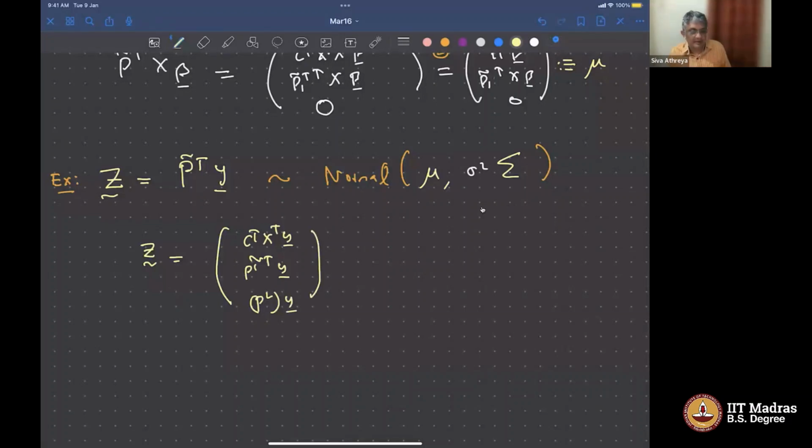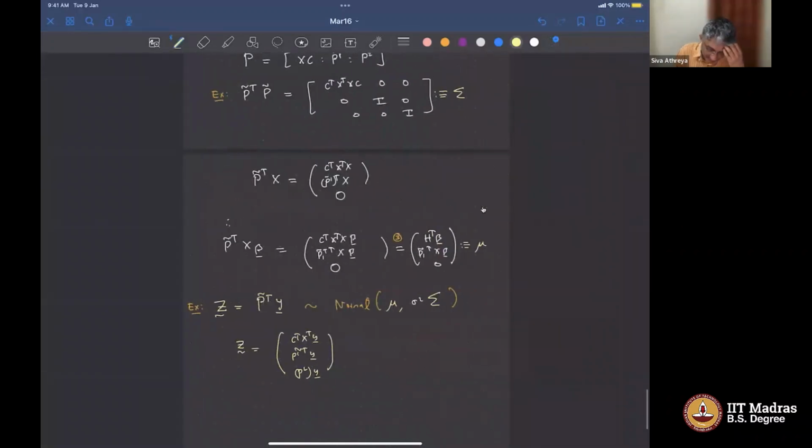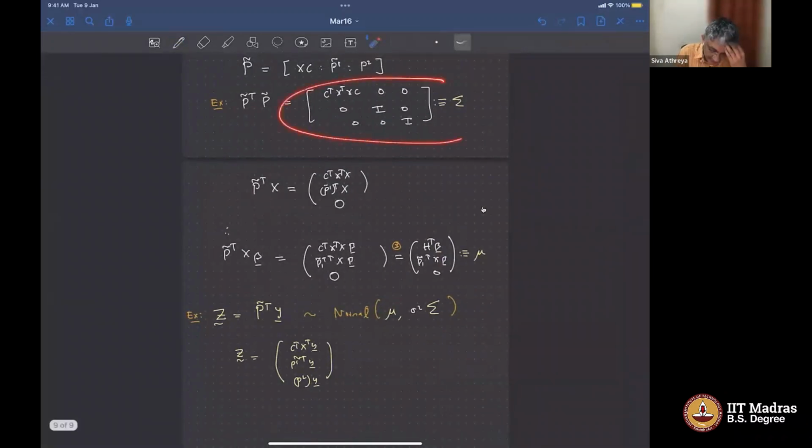Now you just see Z is normal. What does sigma look like now? Sigma looks like this. The first component involves this guy, the second component is I with this guy, the third component is I with this guy. That means these are all zero, so the covariance between these components are all zero.